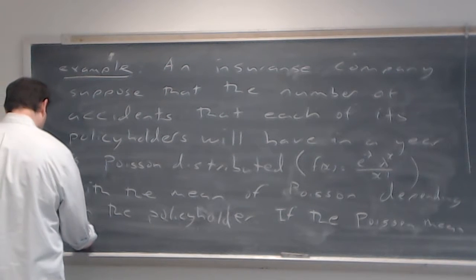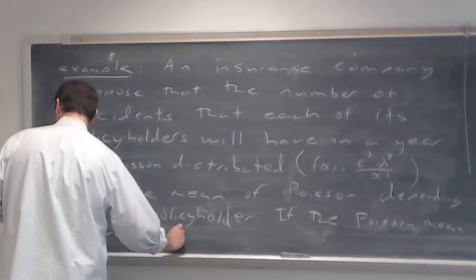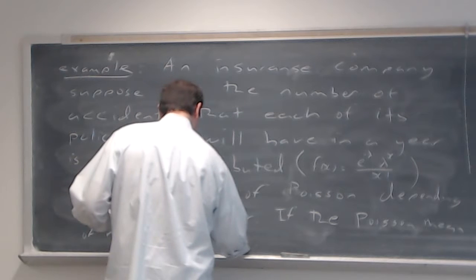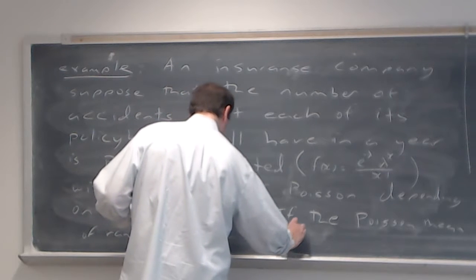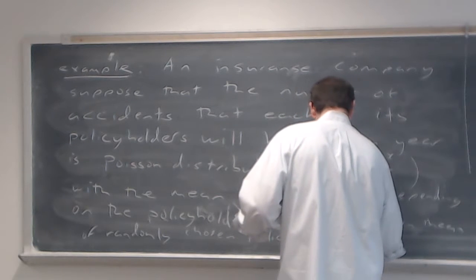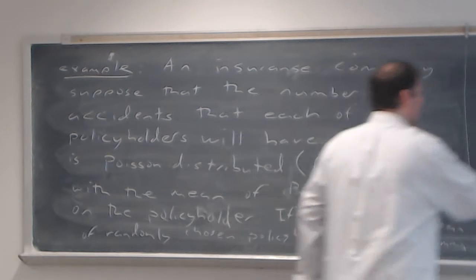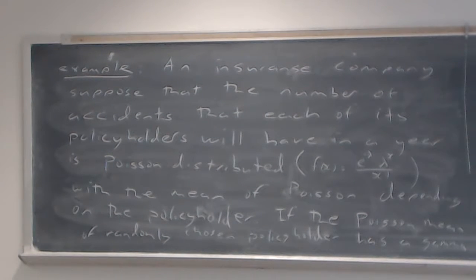Of a randomly chosen policyholder has gamma distribution. So what could the lambda be? Well, it isn't the same. It has gamma distribution.